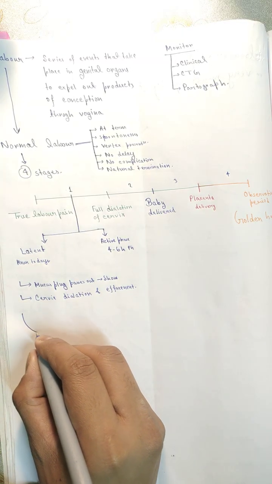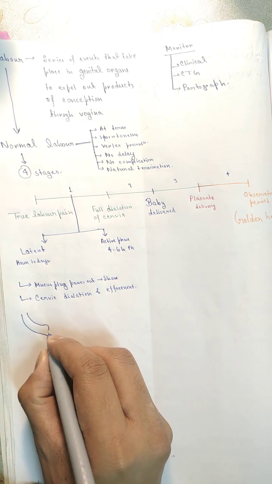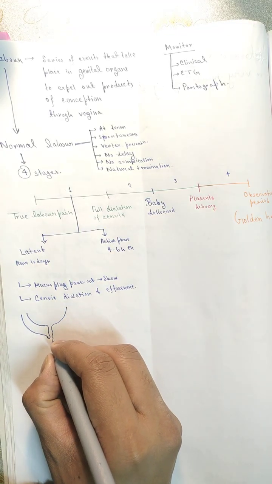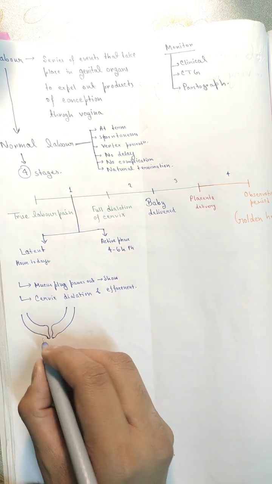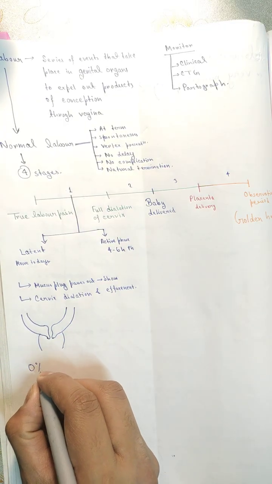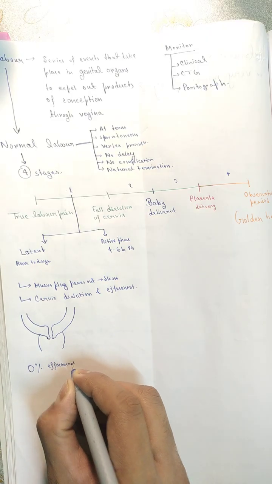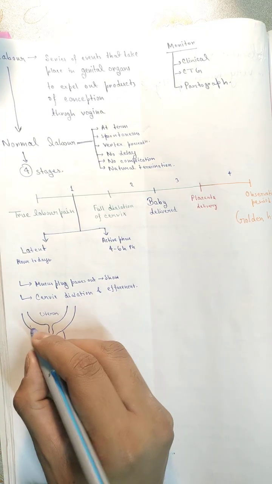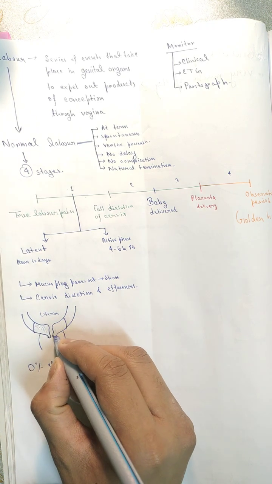One is before, this is 0% effacement. This is uterus. It is thick, so it is 0%.